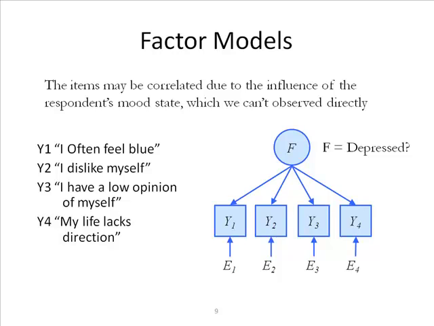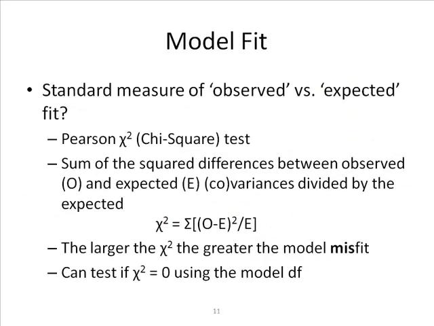But actually, in a factor analysis, it might be that these two items, I often feel blue and I dislike myself, are much more strongly correlated to each other than Y3 and Y4. So what a factor analysis does is it takes into account the fact that some of these items are more strongly correlated with each other, and it assigns a higher factor weight to them than other indicators. And in a factor analysis, it's very easy to get a model fit, which is what you observe in terms of the observed variances and covariances, as well as the expected fit from your model.